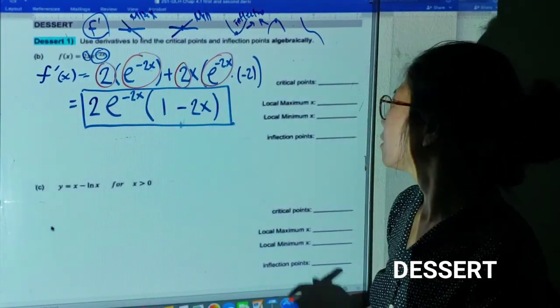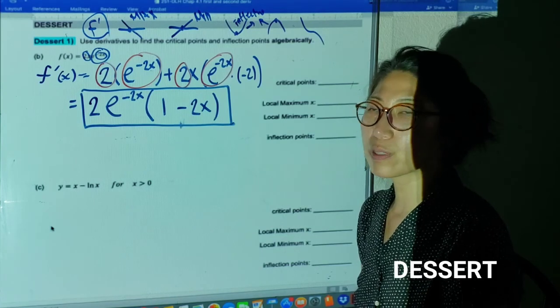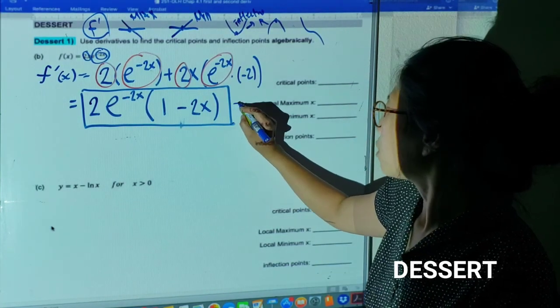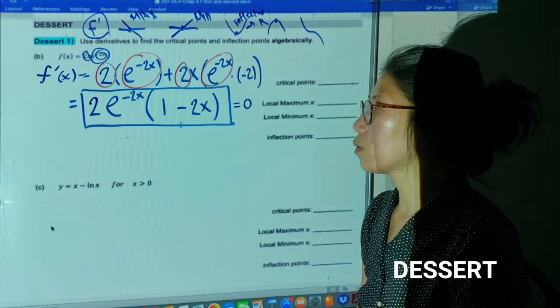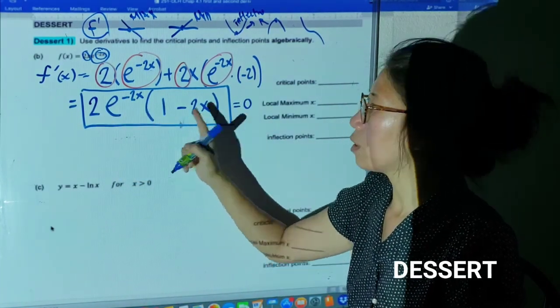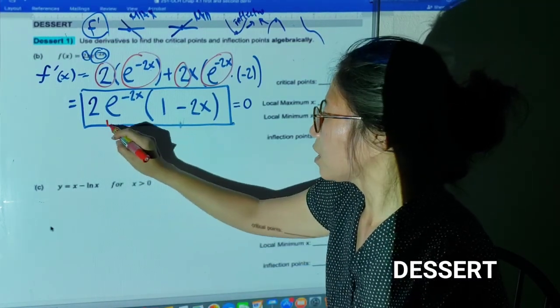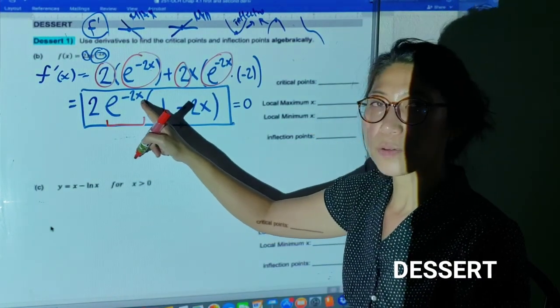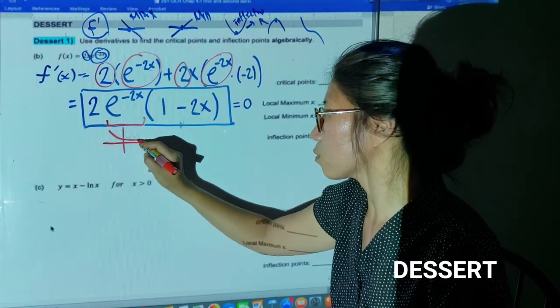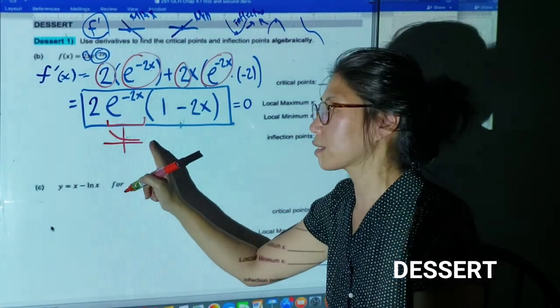Then let's find the critical points. What does critical points mean? Either it makes it 0 or undefined. So from here, I'm gonna say equal to 0. Now think about 2. Can 2 be 0? Never. Now here, e to the negative 2x, can it be 0? Never. Why? Because if you graph it, your graph is going to look like this way, never going to touch x-axis.